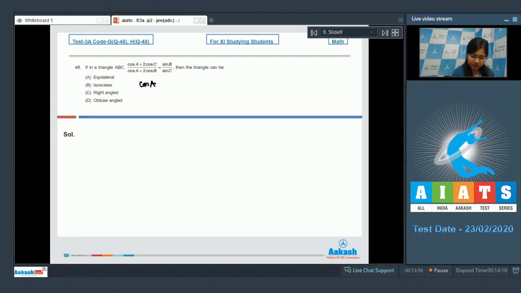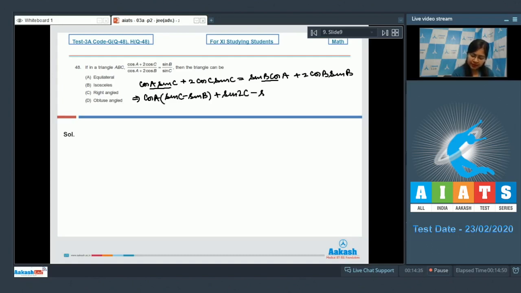So we have cos A sin C plus 2 cos C sin C is equal to sin B cos A plus 2 cos B sin B. Now from these two terms, let's take cos A common. So we have cos A (sin C minus sin B) plus (sin 2C minus sin 2B) is equal to 0.